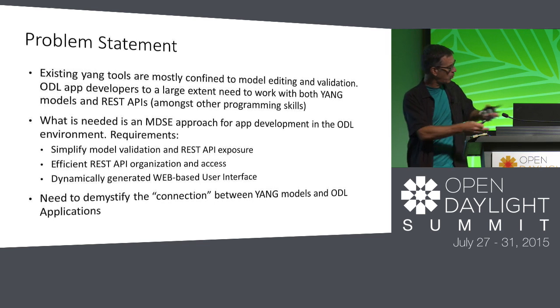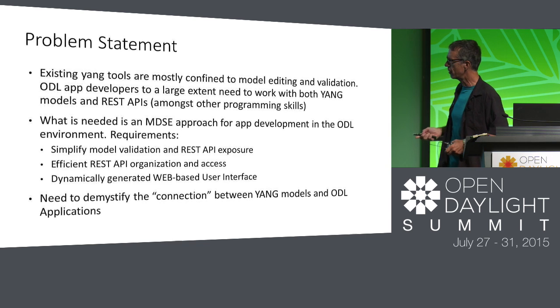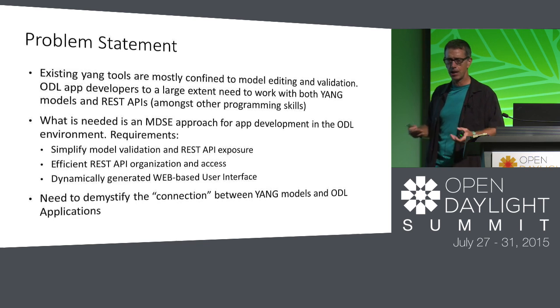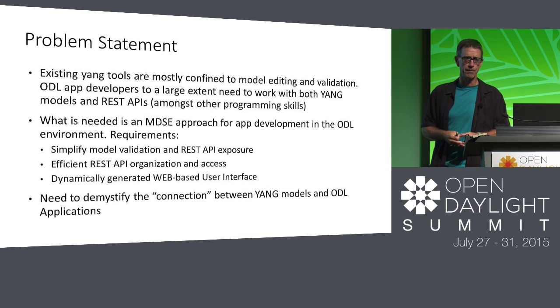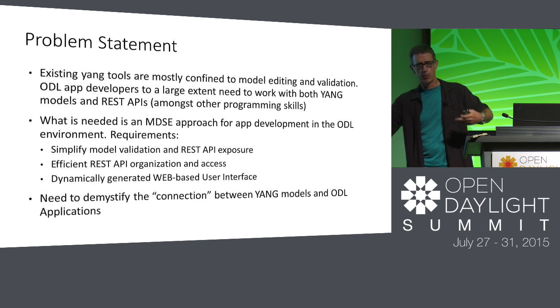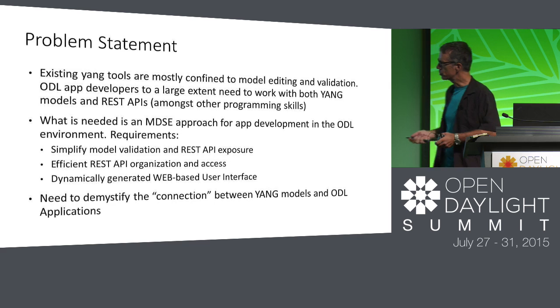We want something that's more closely aligned with Yang, the REST APIs that are derived from the Yang models. And here, we also want to include dynamically generated web user interface forms. So we have RESTconf. I would suggest that this is UIconf or WebConf, and we'll show you how that works.